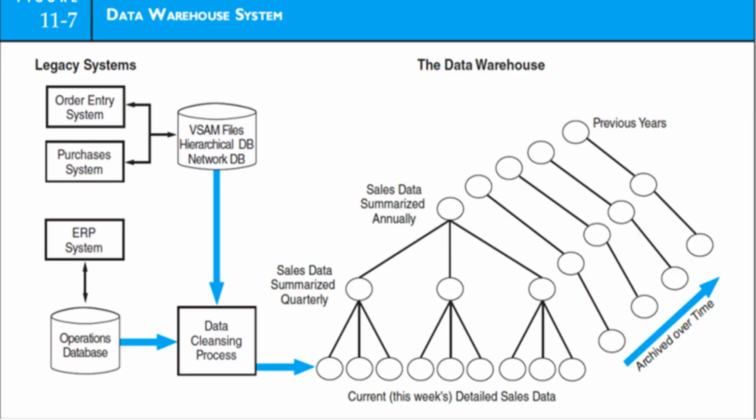I believe this figure is very important because it explains how the data warehouse system is processed, how the ERP system is operating, connecting the operational database and the data warehousing process. Under the legacy system, we have separate applications like order entry, purchasing entry, sales entry, accounting entry, and so on.